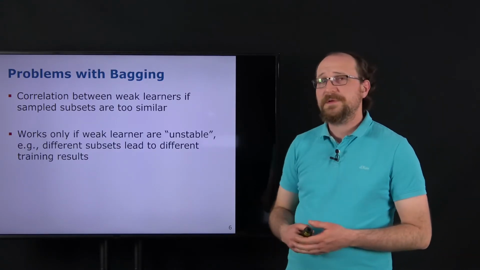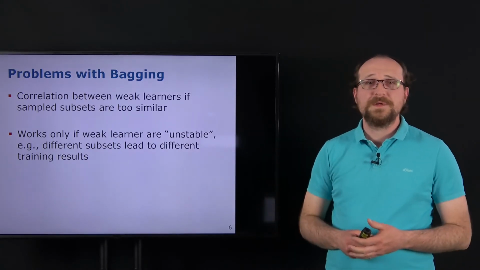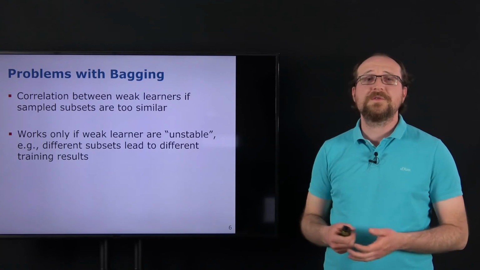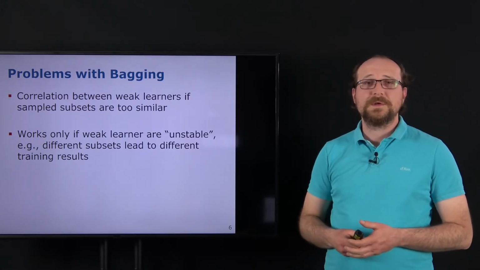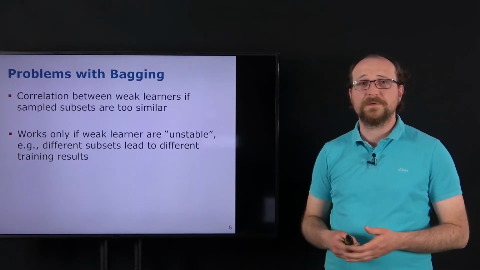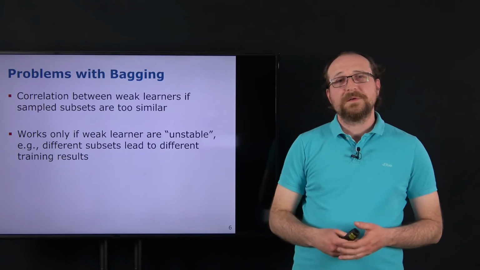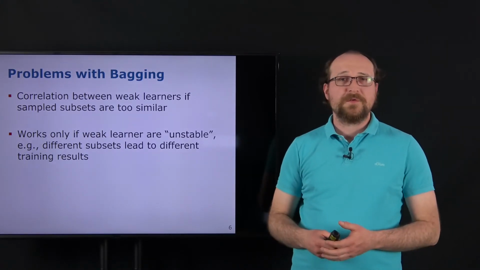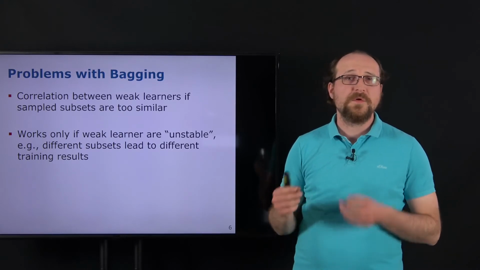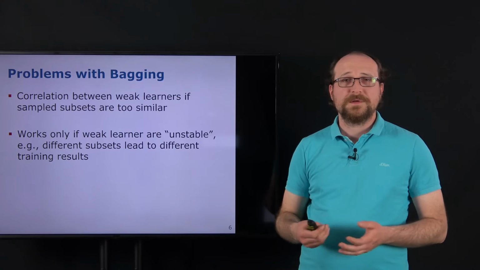Another problem is that we can only use weak learners which are somehow unstable. That means if something changes in the training data, then this will also change the classifier, the weak learner, in the end. When we have a very robust classifier, then sampling will not change so much, because maybe it is robust to multiple points in the same region or something like this.